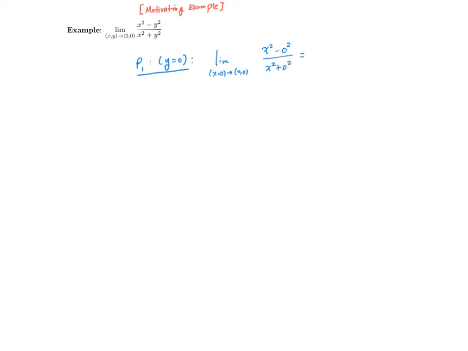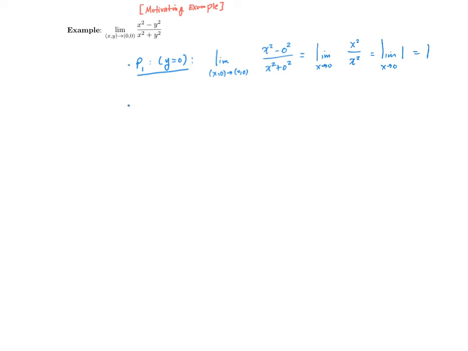And the key thing we have done is we've taken this limit of a function of two variables and turned it into this more familiar limit of a single variable. And that's key. This is now a familiar limit. This is the limit as x goes to 0 of x squared over x squared, which is the limit as x approaches 0 of 1, and the limit of a constant is always that constant.